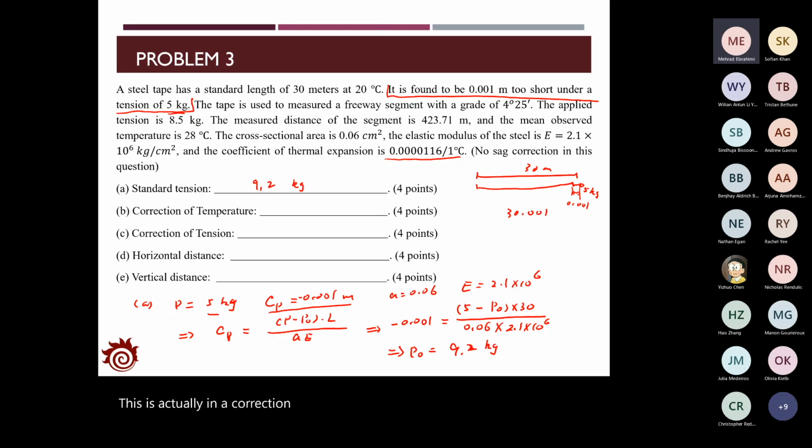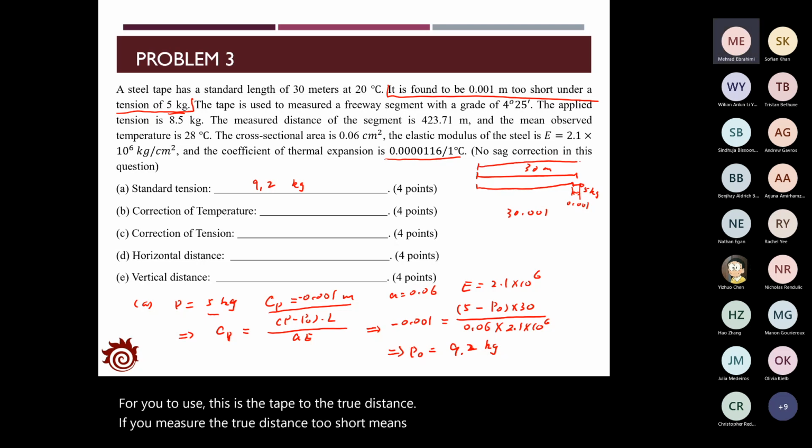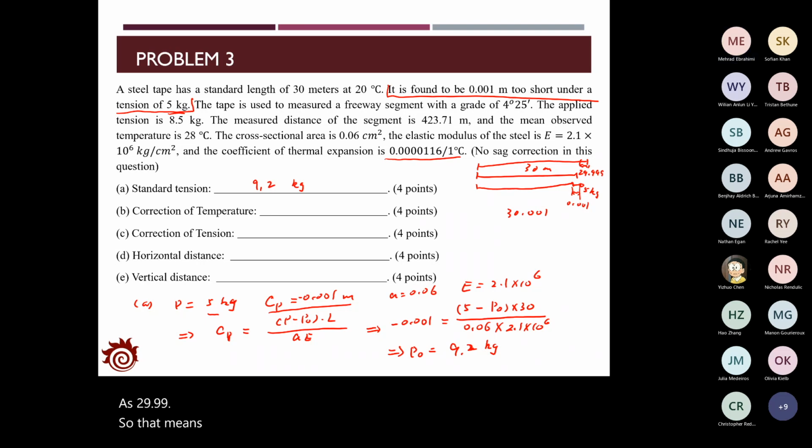It's different from the process of using the tape to measure the true distance. If you measure the true distance, too short means that you measure the value as 29.99. So that means that it's too short for the true distance.